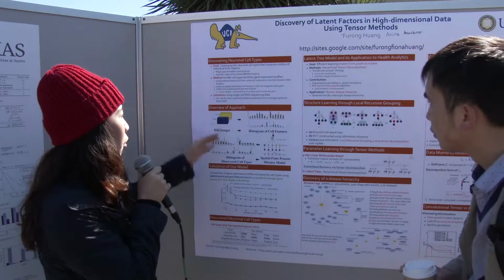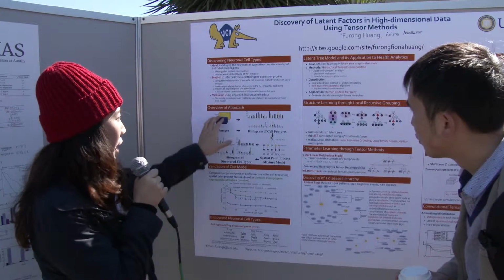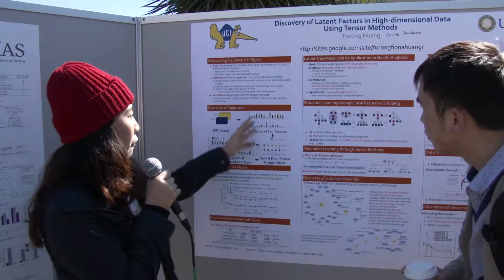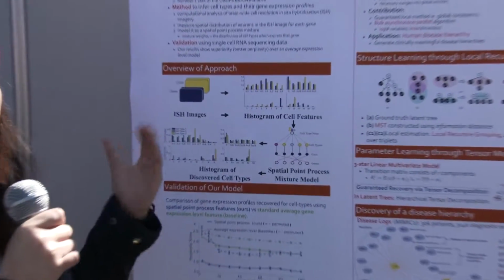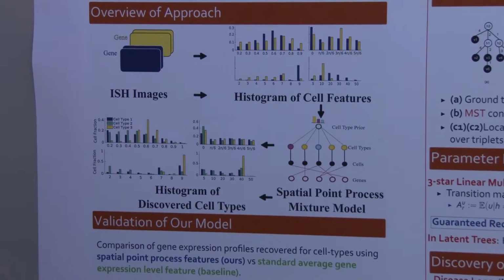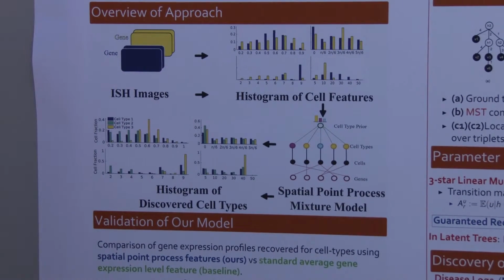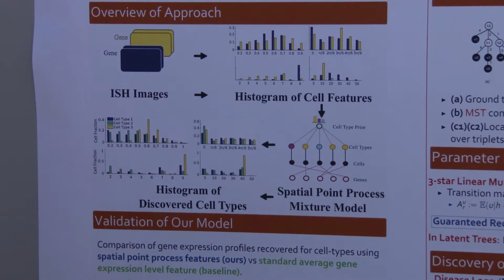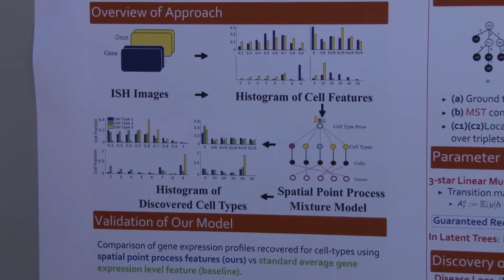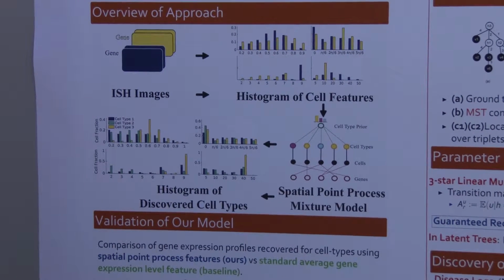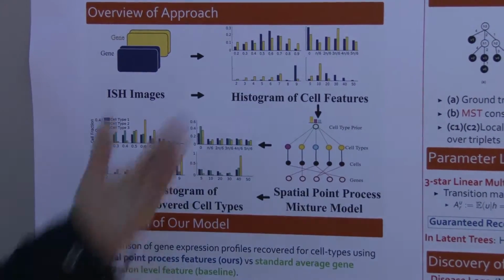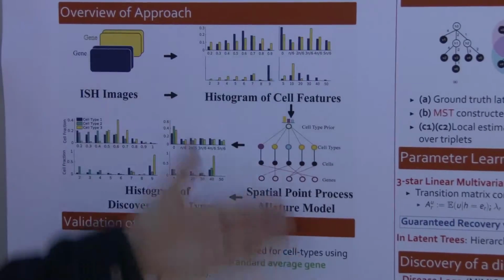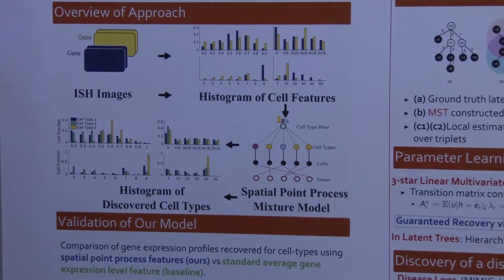So the overall approach is like this. We have a set of images, and we can find the joint histogram of the cell features, for example the morphological features: the cell size, the cell orientation, the cell density, and the cell intensity levels, or the gene expression intensity levels. Then we can use those joint histogram features to form spatial point process mixture models.